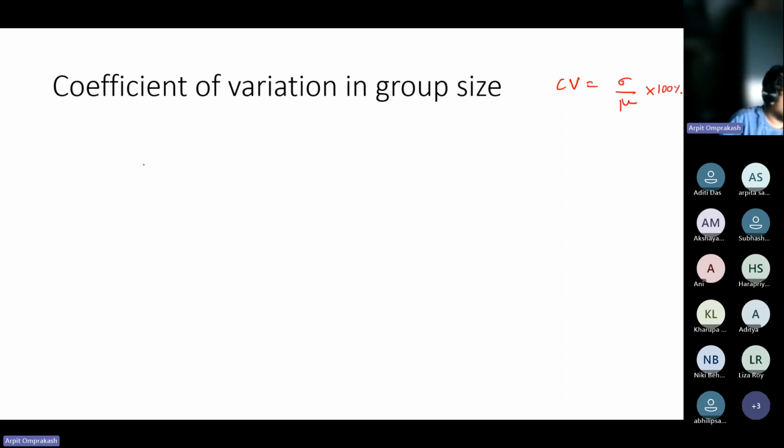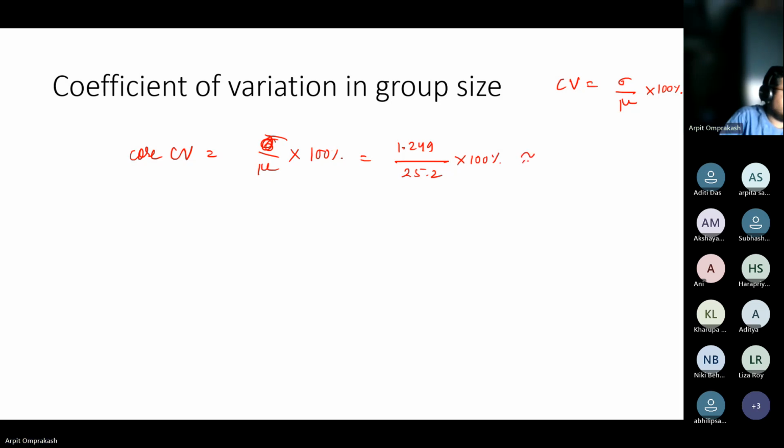So for the core, we have sigma percent, which is basically 1.249 divided by 25.2 into 100%, which gives 4.956.